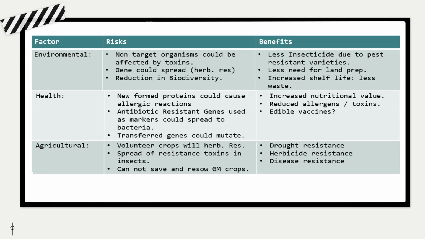Okay, so the risks: volunteer crops with herbicide resistance. So if you've got a crop, say you're growing cotton and it's herbicide resistant, which is great because when the cotton's first growing, you can go out, spray some Roundup, kills everything else in the paddock, and the cotton keeps growing.